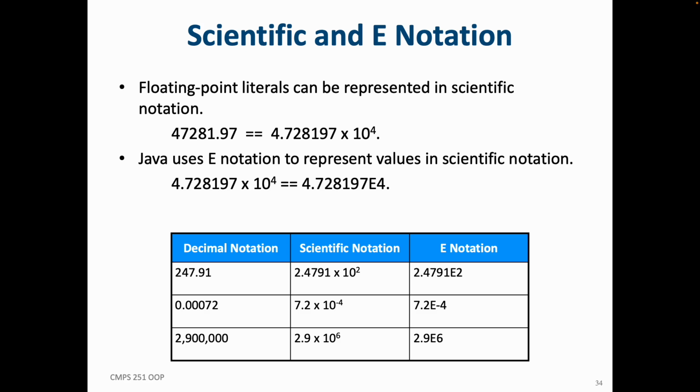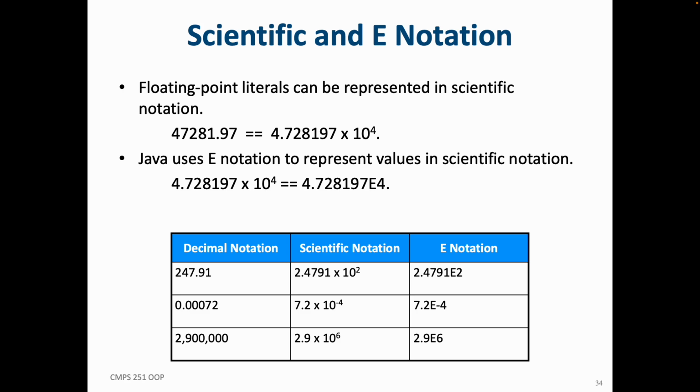But then, to keep the number equal, you have to multiply it by 100, so that this is also the same as 247.91. Similarly, if your number is 0.00072, its scientific notation will be 7.2 times 10 to the power minus 4. So this is scientific notation.